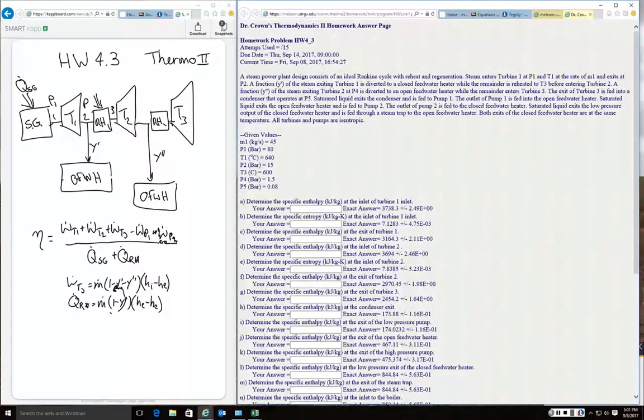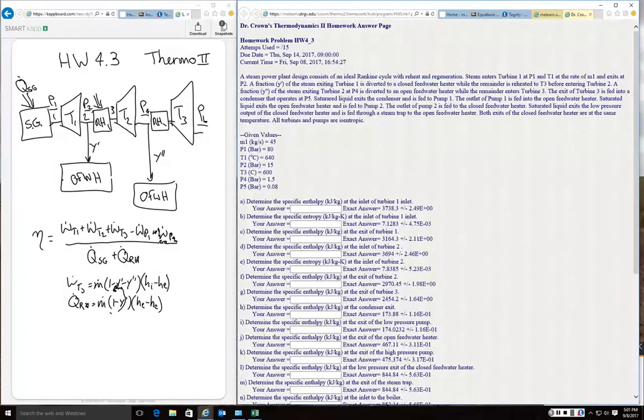Pressure 3 is equal to pressure 2, but another unique pressure is, this is state 4, pressure 4. State 5 would have the same pressure as pressure 4, but then I've got another P6 here coming out. So the unique pressures on the way up, P1, P2, P4, and P6.